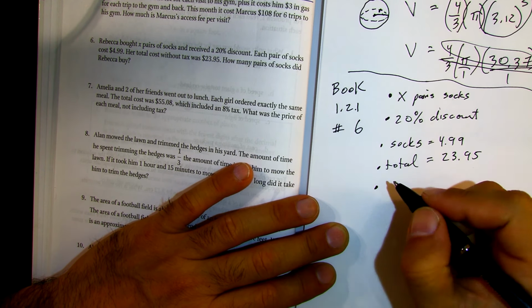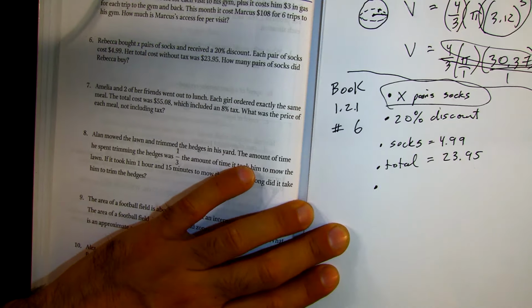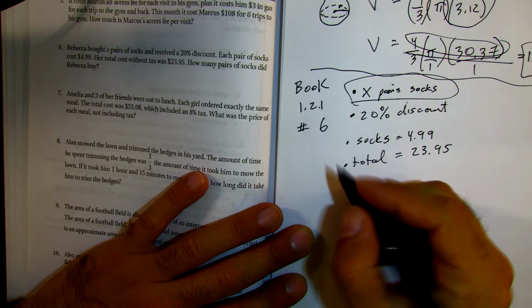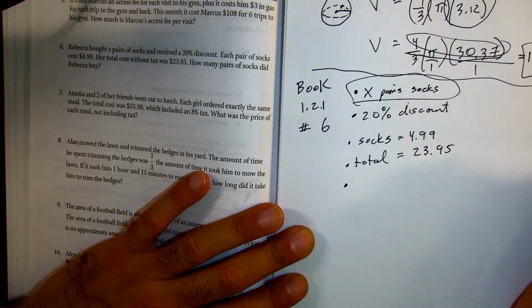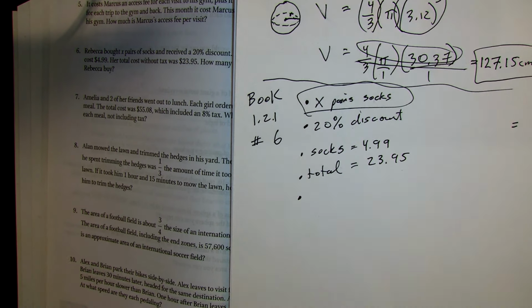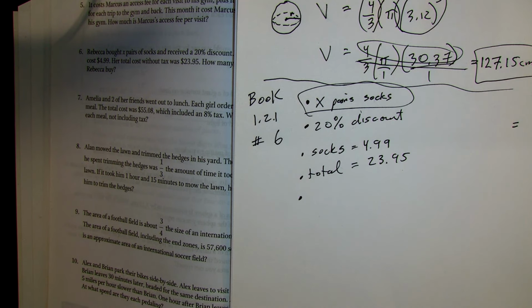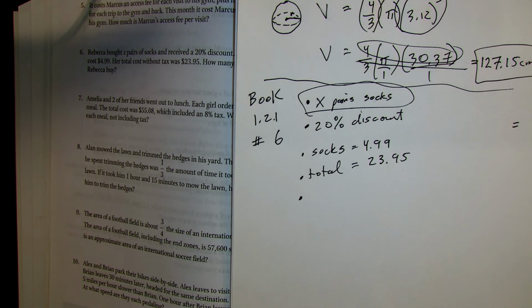Just like before, I put my bullet points in here, and then I go and set up my equation. Now, what did I always say is going to go on the right side? Go ahead and let me know in the chat, guys. What always goes on that right side? Total, yes.